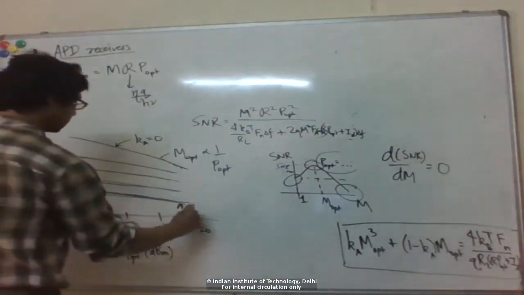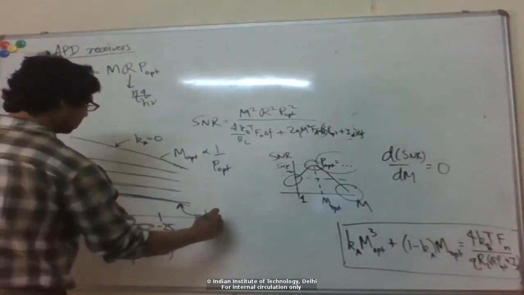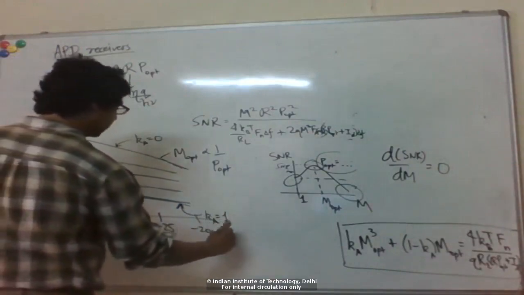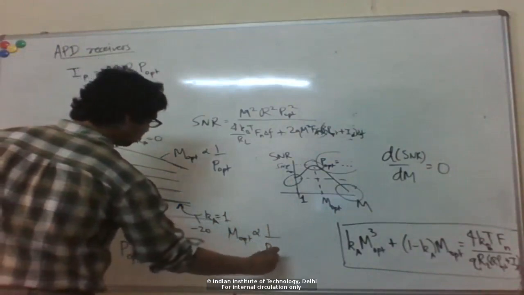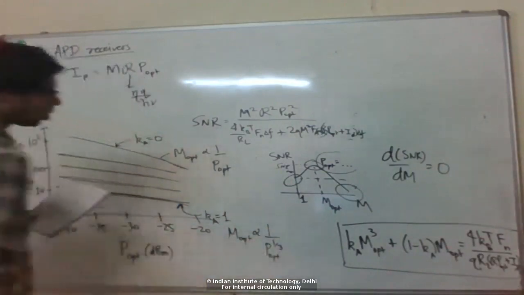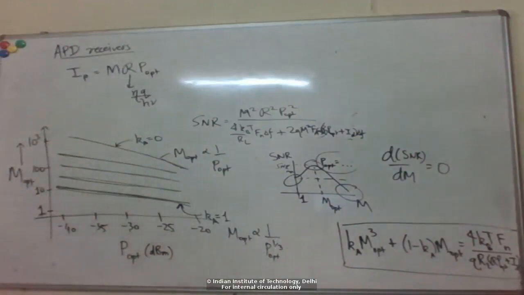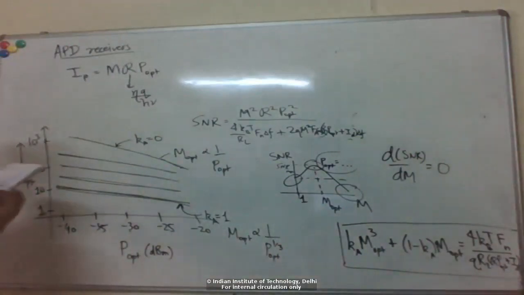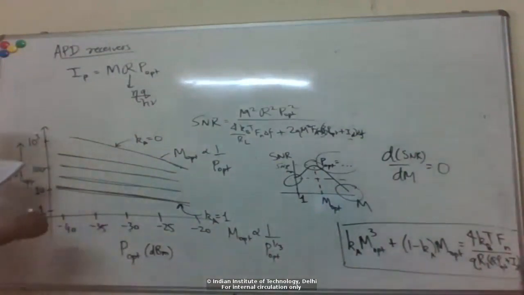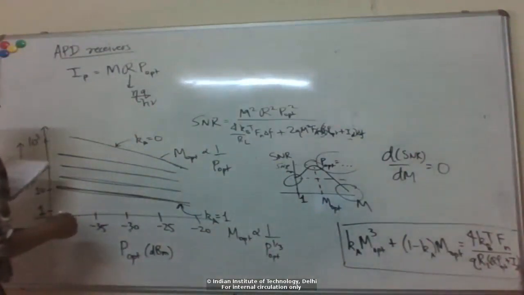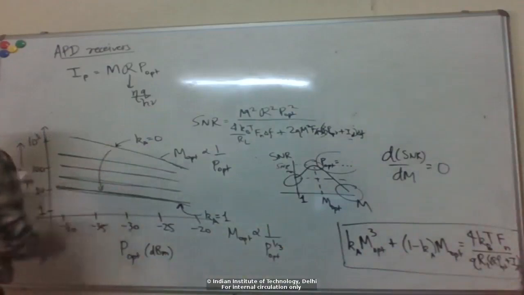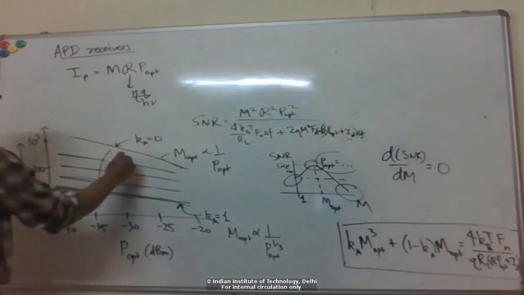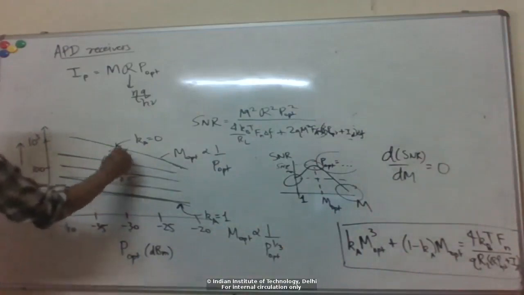Okay, so this is the other limiting case, k equal to 1, and here M opt is proportional to 1 over the cube root of the optical power. So you're increasing Ka from here to here. So it's like 0.01, 0.1, 0.5.